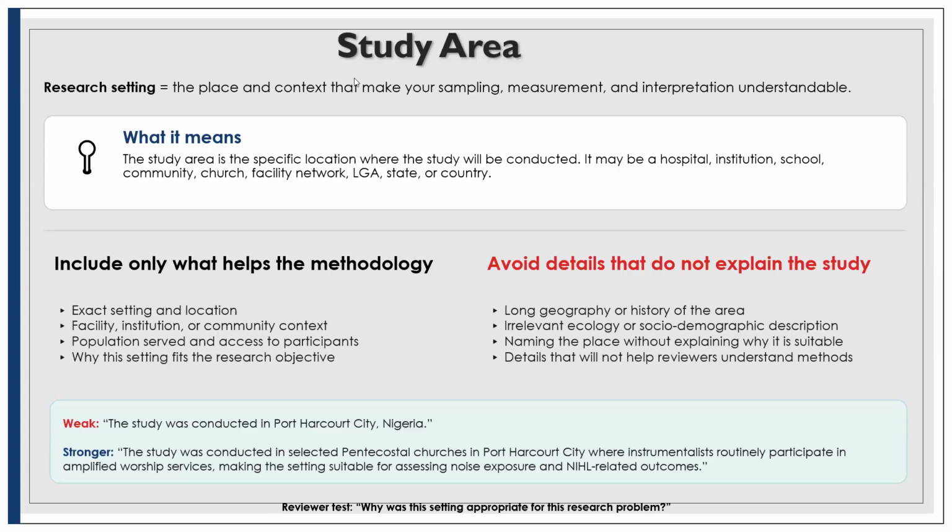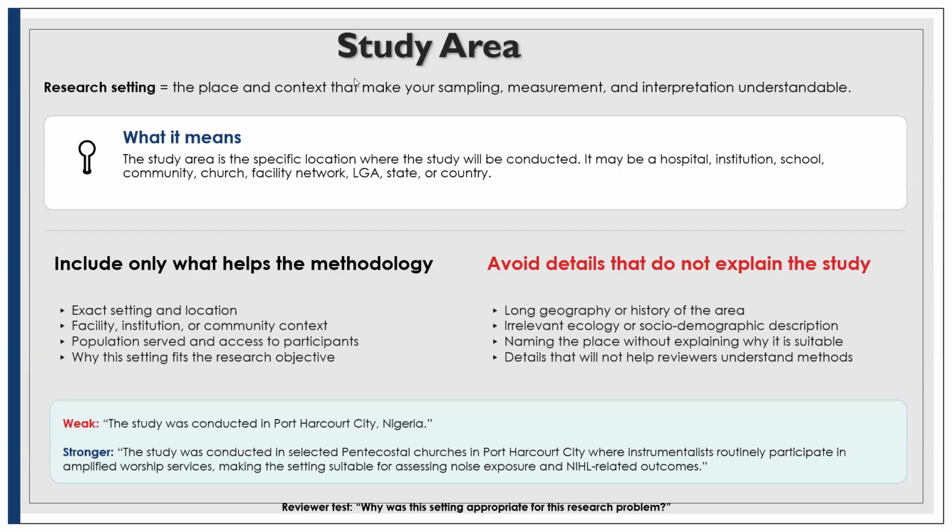So that detail was also in my methodology because I have to answer why this setting fits the research objective. So if you are in a setting where there are no hotspots for FSW, why would you want to do a study where you're going to be interviewing them? So you see, these things are very important. Don't take them for granted.